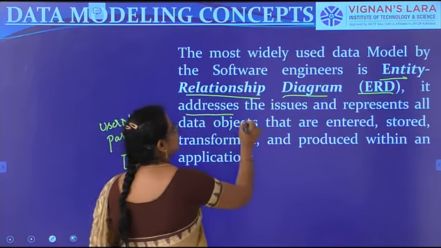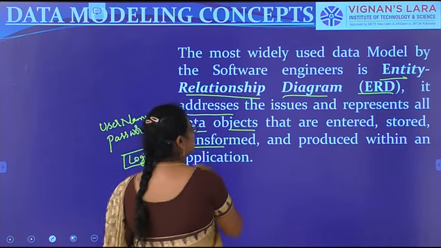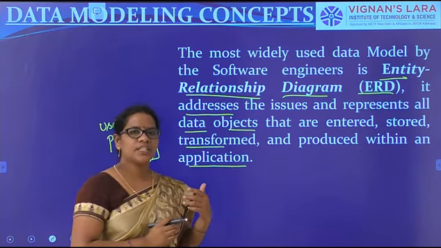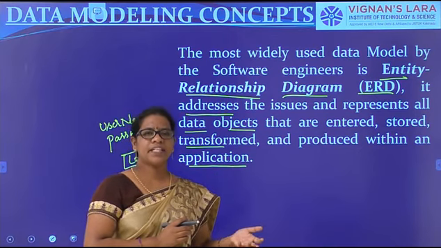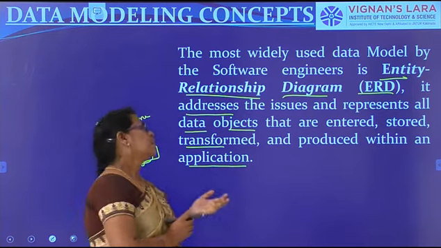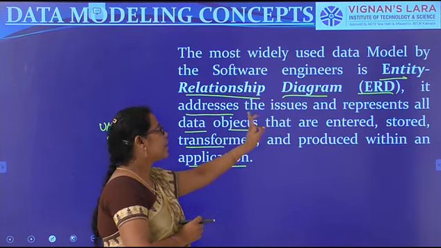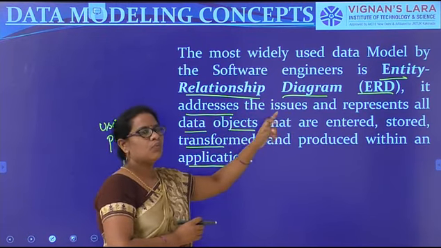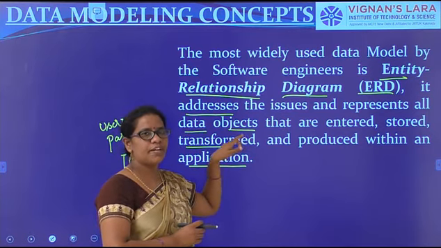It addresses the issues and represents all the data objects that are entered, stored, transformed and produced within the application. So what are objects? Objects are nothing but the things that are implemented in the system, the software. In this entity relationship, it represents the relationships between all the data objects, whatever objects we have defined over there.